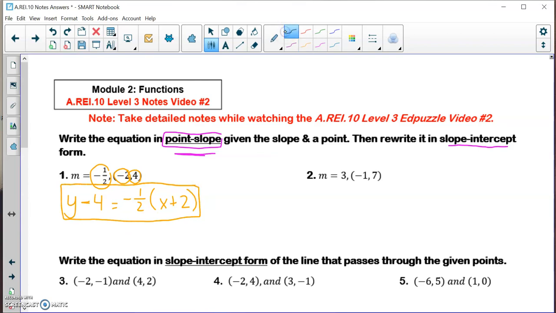Now they want us to take that equation that we wrote in point-slope form and rewrite it into slope-intercept form, which we've done many times already. To rewrite an equation in slope-intercept form, what you need to do is just isolate y. So I'm going to distribute the 1/2 in.